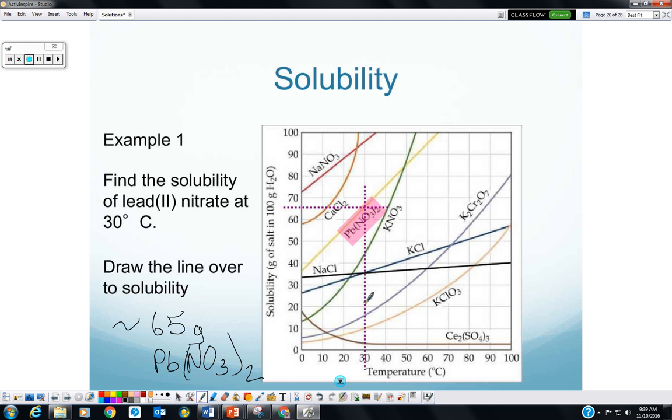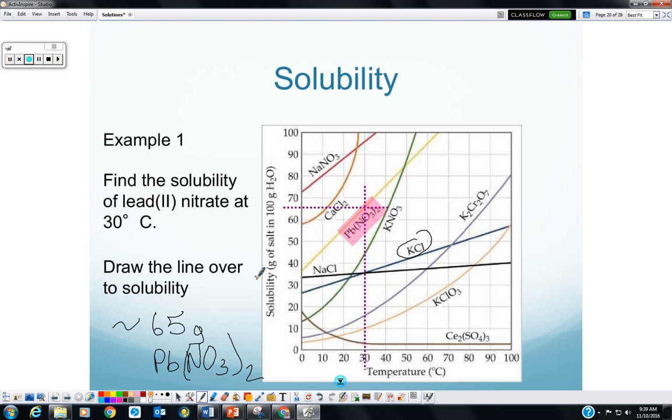What about if I asked it in reverse? What if I said how many grams of KCl, potassium chloride, will dissolve? Well, let me back that up.